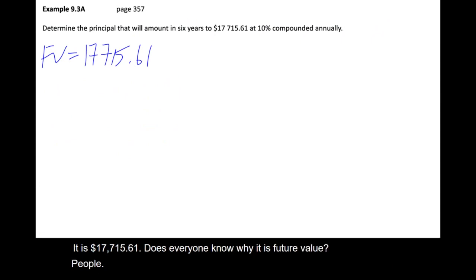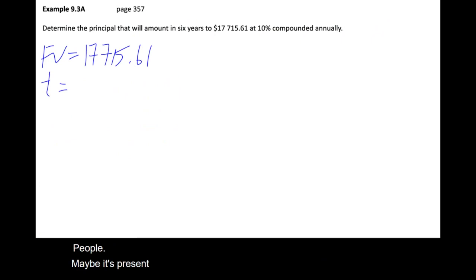Do you know it is future value, guys? Okay. Yes, very good. So t is 6 years, j1 is 10%.